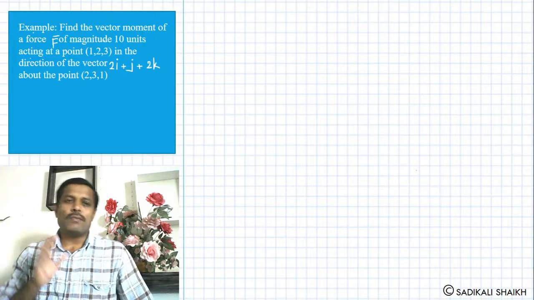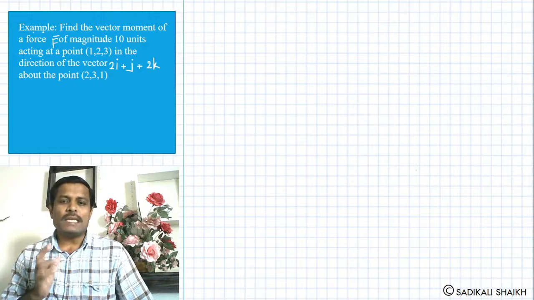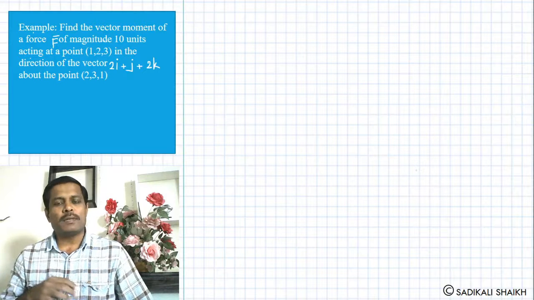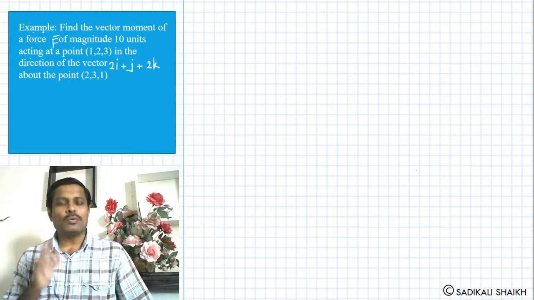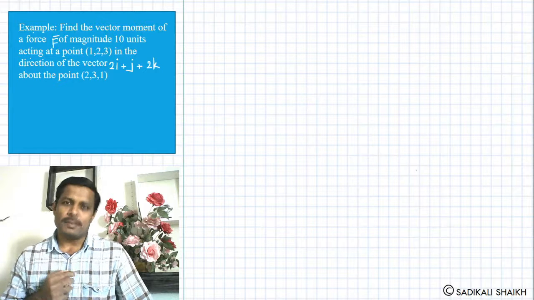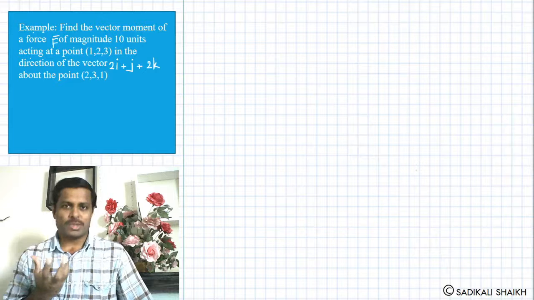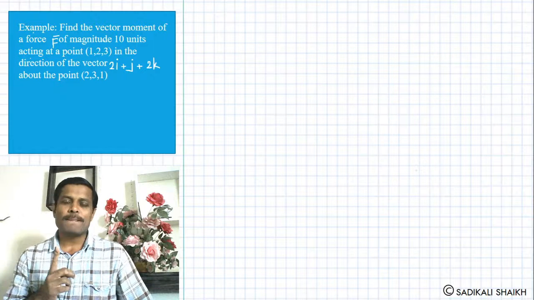So overall, when I read this example, what is my understanding? Clearly they are asking to find the vector moment. Do you know the formula to get the vector moment? It's very simple. To get the vector moment, number one, you need a force.